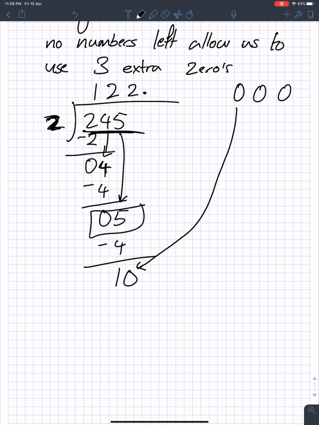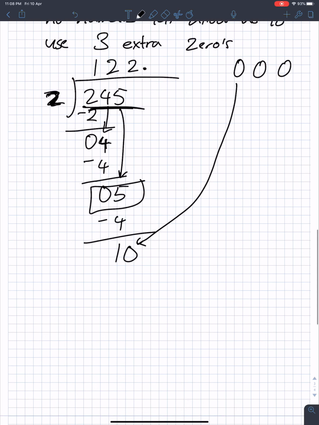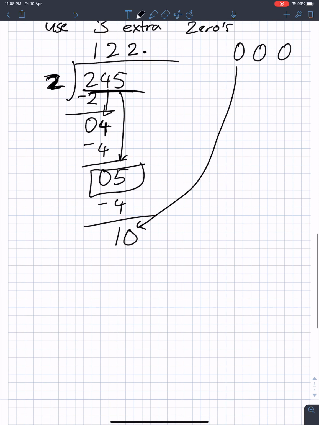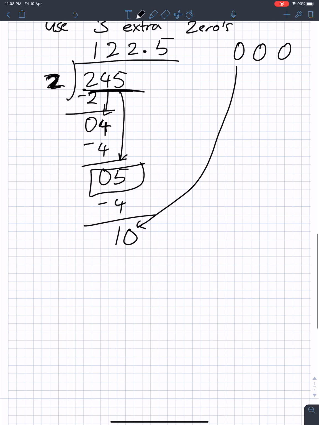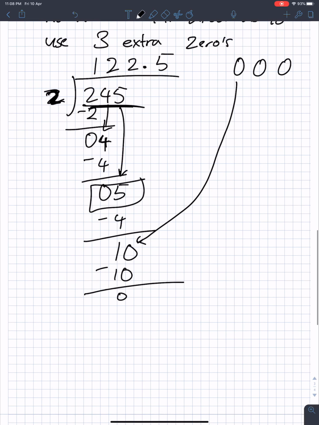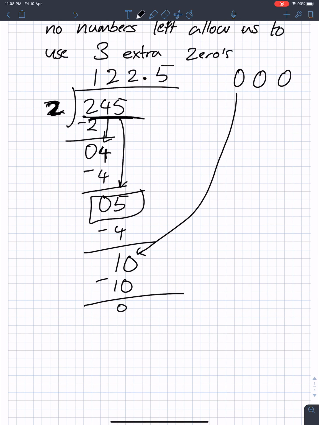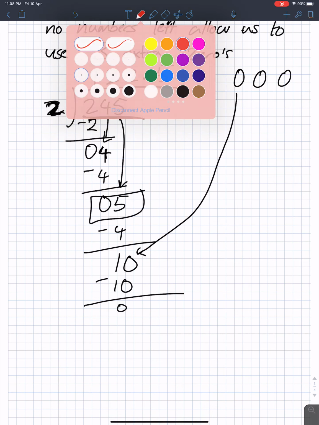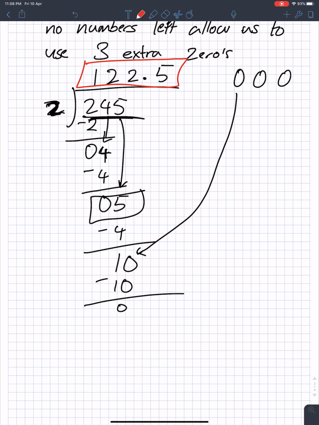Okay, so 2 times table until we get to 10 or closest to it. 1 times 2 is 2, 2 times 2 is 4, 3 times 2 is 6, 4 times 2 is 8, 5 times 2 is 10. So 5 times 2 is 10, and we're left with 0. So we don't need to use all 3 of those zeros in this instance, and the answer is 122.5.